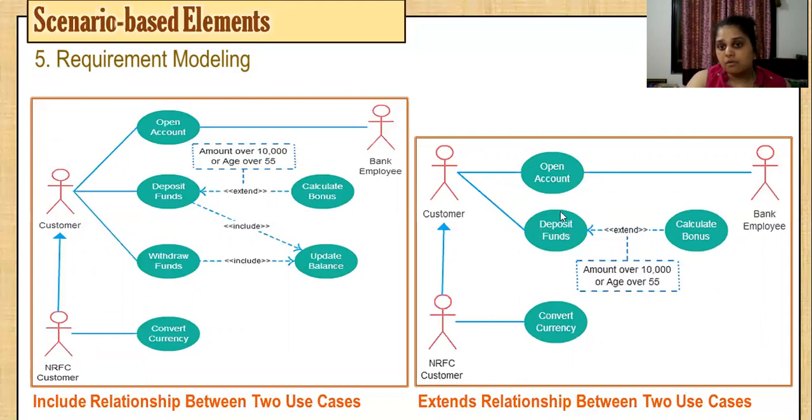Customer can open account and deposit funds. Now, deposit funds and calculate bonus. This is a bigger use case, and this is a sub use case. So if you are depositing funds, you can calculate bonus. Your super use case is this and this is your sub use case.